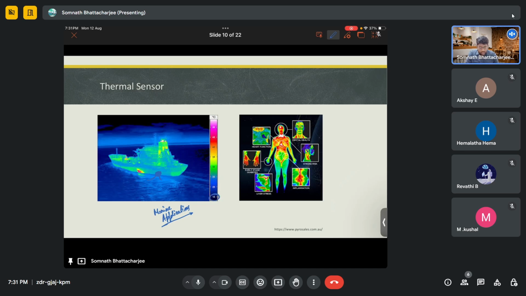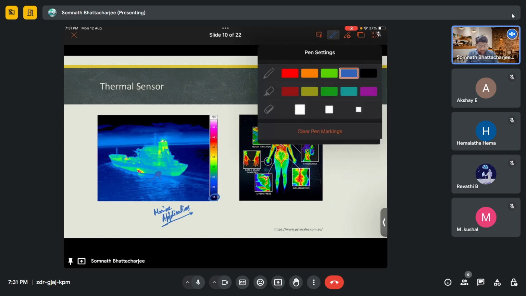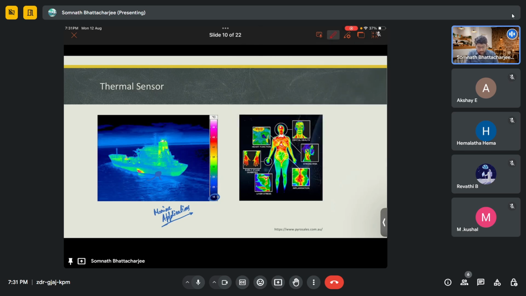We'll get to know the temperature of that area. If there is a freezed area, the puncture will freeze over time because the chilly water is going through it. In this case, you can see that there is a heating issue here.